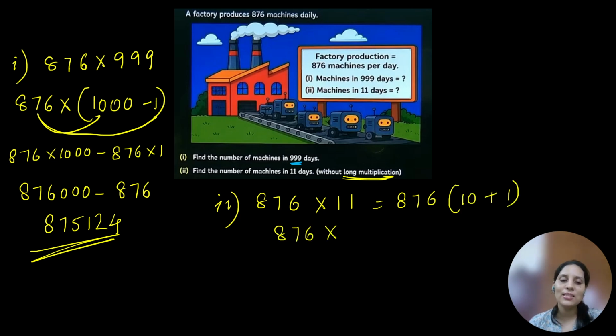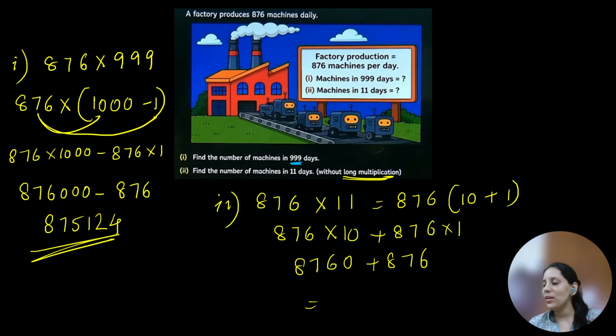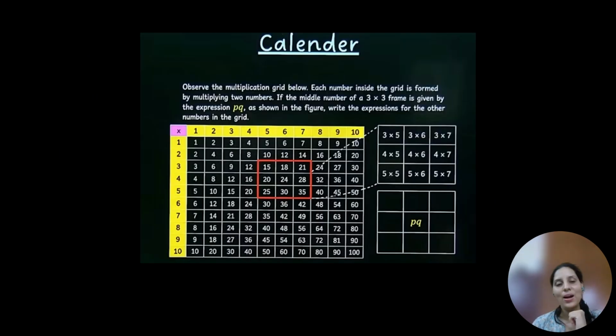So 876 into 10 plus 876 into 1. 8760 plus 876, which will give me 9636 machines. Yes, so you should be using these properties only, then you gain marks.